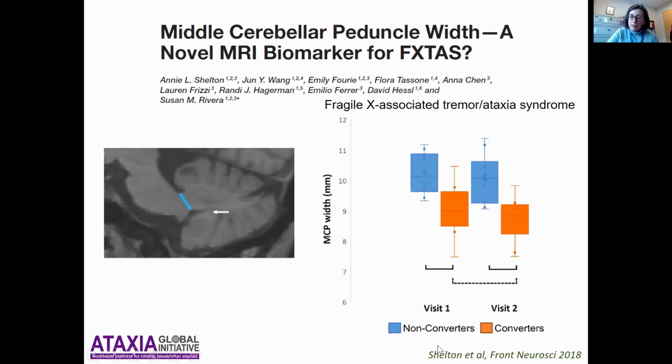They enrolled these participants, longitudinally followed them, and these are all premutation carriers. But the question is, are they going to actually develop FXTAS or not? And can we have an imaging marker to predict that? Over the time period of the study, 2 years, some of their participants converted to symptoms and others did not. And they looked back, and this MCP width was already narrower in the converters as opposed to non-converters. And I thought this was pretty cool.